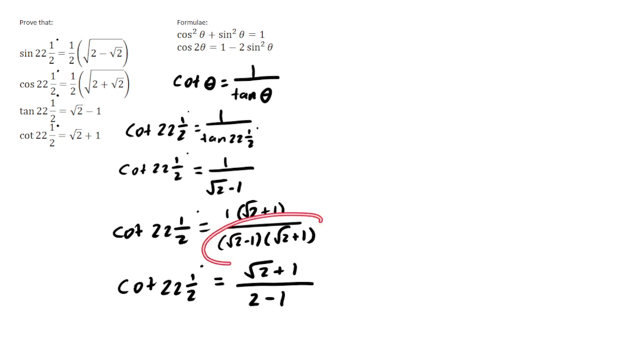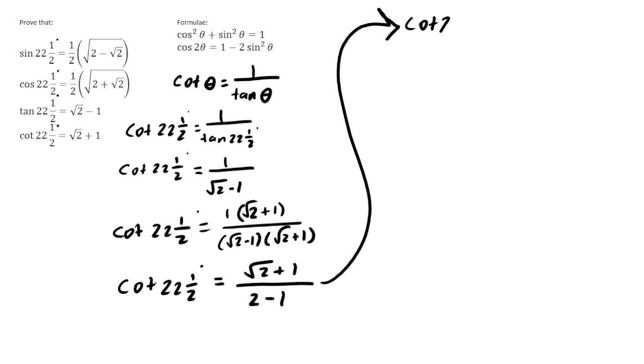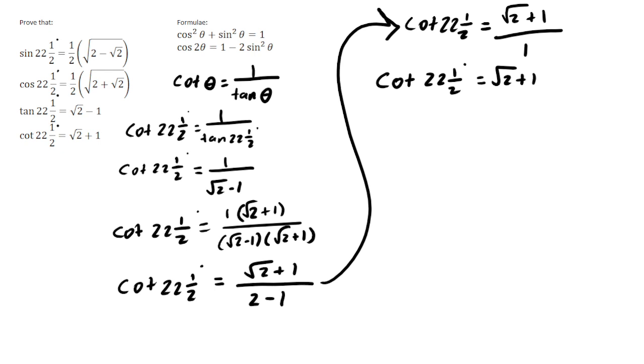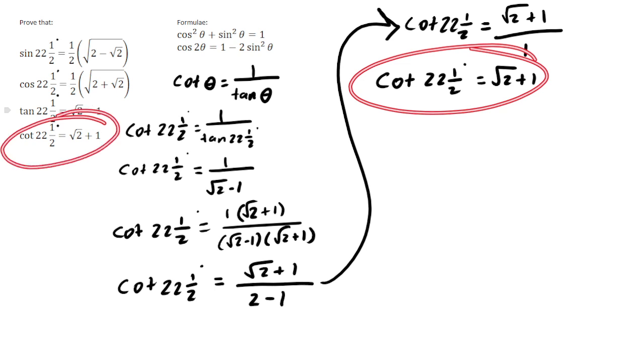Obviously, again, here we're using the a squared minus b squared formula. Right? So let me just bring this up here. We can simplify this into cot 22.5 is equal to root 2 plus 1 divided by 1. And that simplifies into cot 22.5 is equal to root 2 plus 1, and thus our final formula is proved.